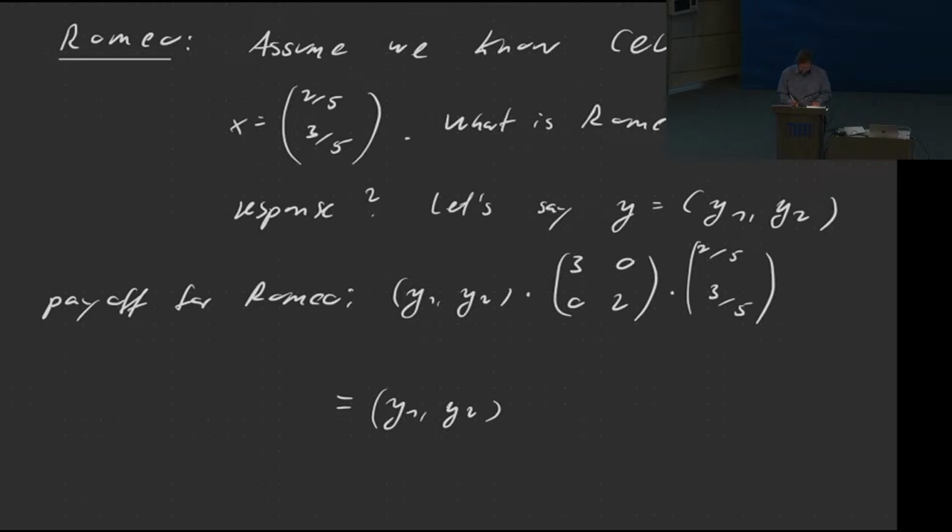Let's see, it's y1, y2 times 2 over 5 times 3, that would be 6 over 5 here, and 6 over 5 here. And what do we find out? We find out that the payoff in the end is 6 over 5 times y1 plus y2. And y1 plus y2 is 1 because that's a probability distribution. Right? So they need to sum up to 100%, to 1. So we get 6 over 5.